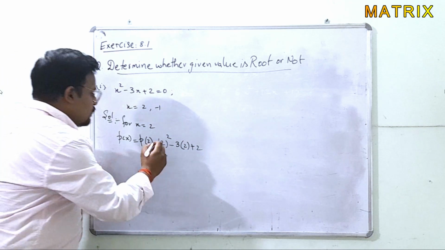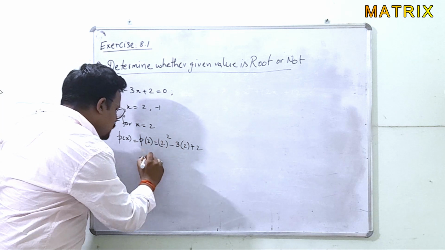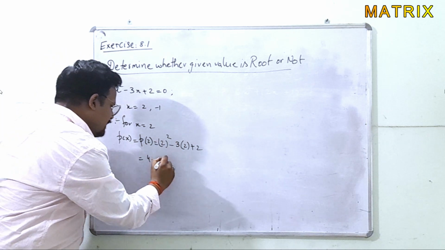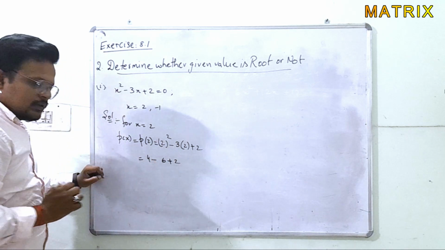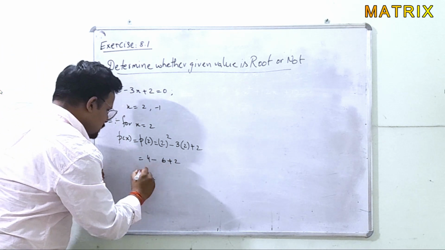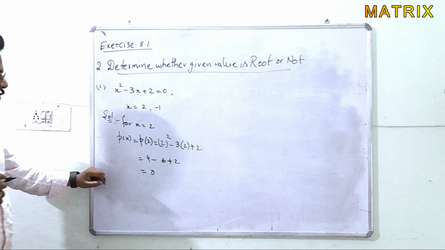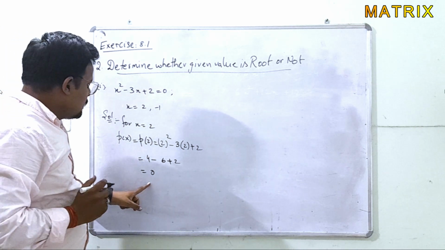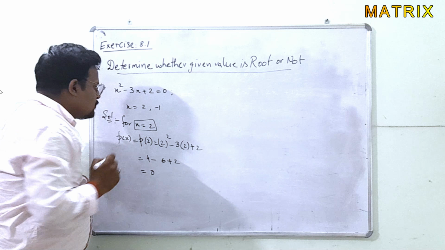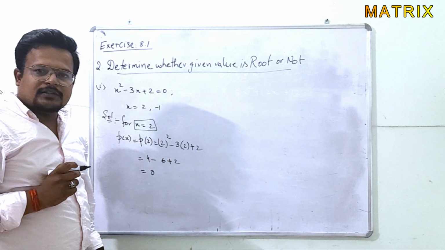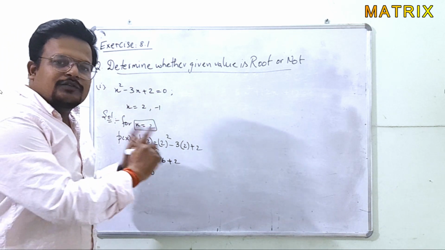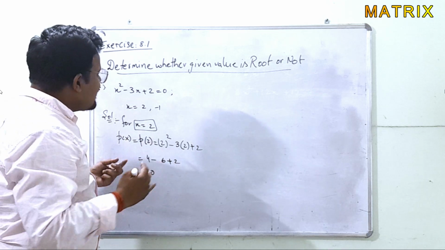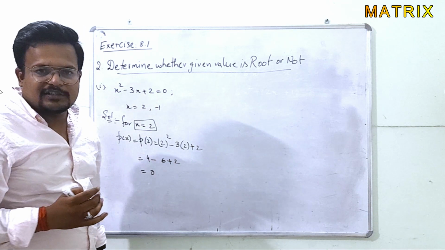What is the value of this? It will be 2 2s are 4 minus 3 2s are 6 plus 2. So 4 plus 2 minus 6 will be 0. So we can say that this is satisfying the quadratic equation. So x is equal to 2 is satisfying this quadratic equation, so we can say it is a solution, or you can say this is the root of this quadratic equation.